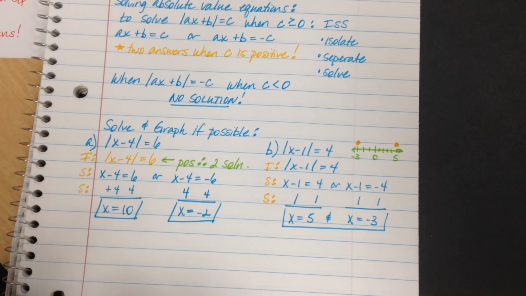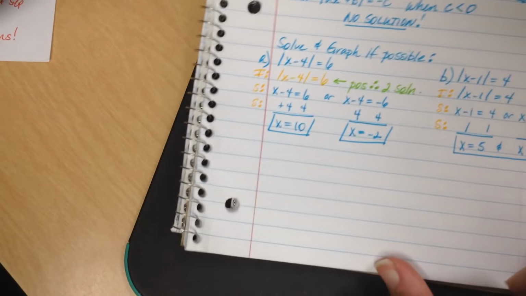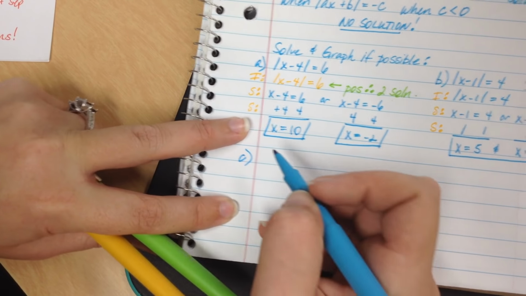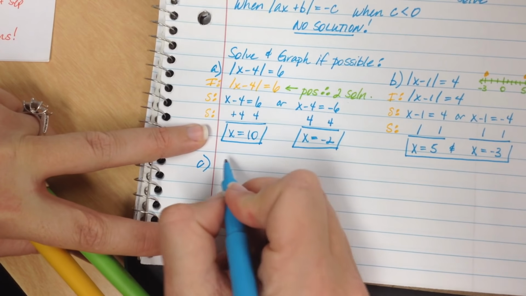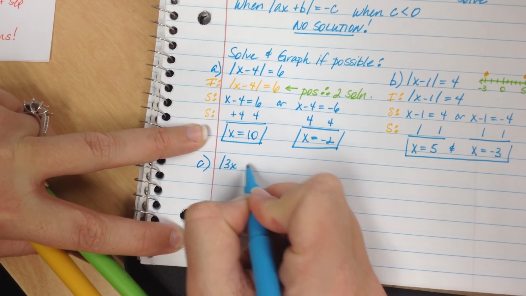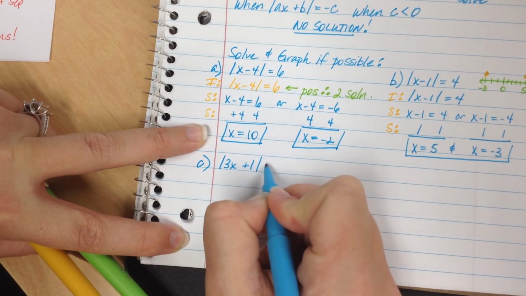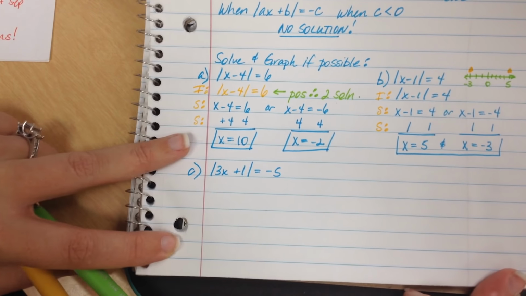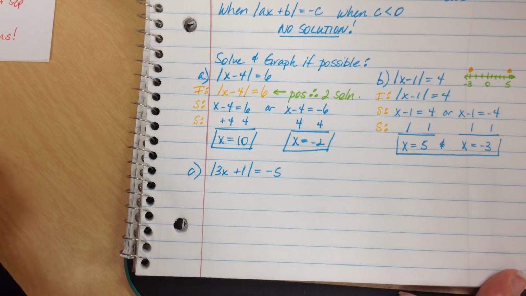All right, one more I want you to try on your own. Absolute value of 3x plus 1 equals negative 5. Pause the video, come up with an answer, and then come back and check it.